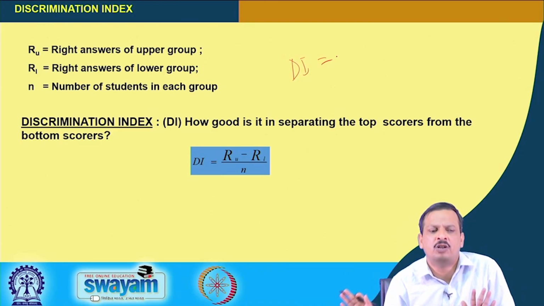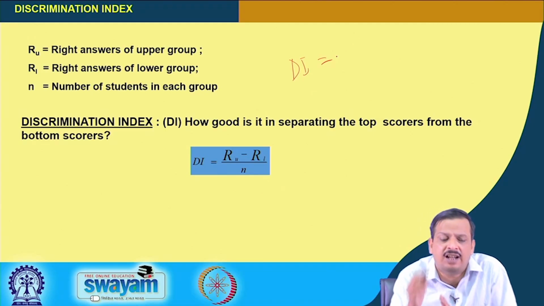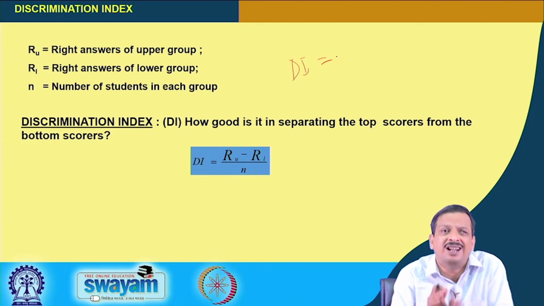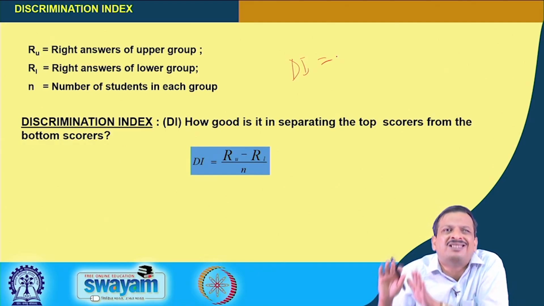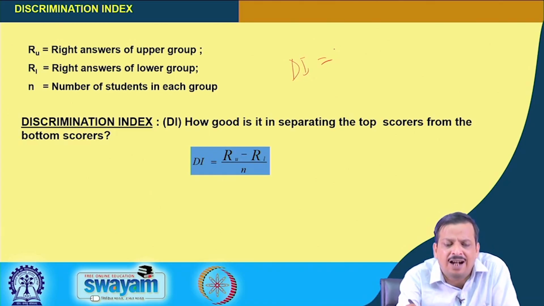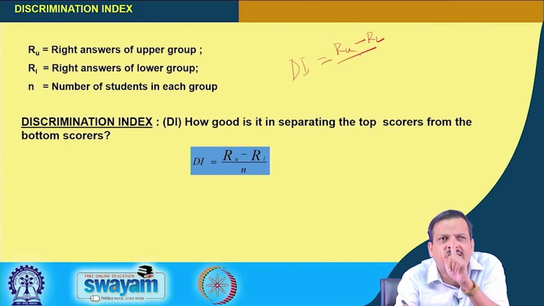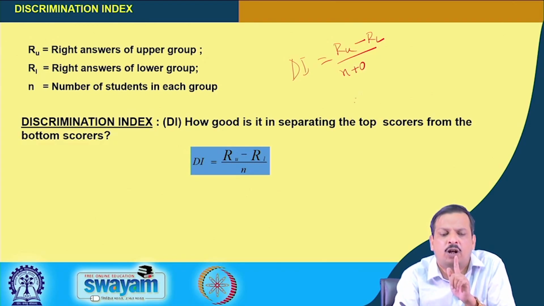So, for the calculation of the DI value, I only consider upper group marks; the lower group students I am not considering. That means marks obtained by the upper group minus marks obtained by the lower group, divided by n number of students in the upper group plus 0 students in the lower group, into the total marks of the question.